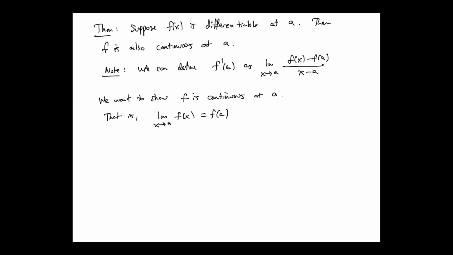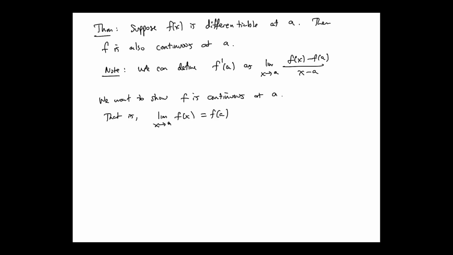Now, the limit can only exist under what conditions? The left and the right-hand versions have to be the same. Yes? Okay. And the value of the function, well, I can't write this down unless I can actually plug a into the function, right?